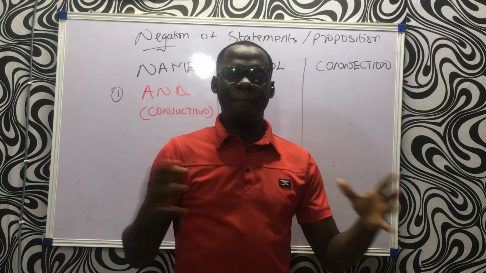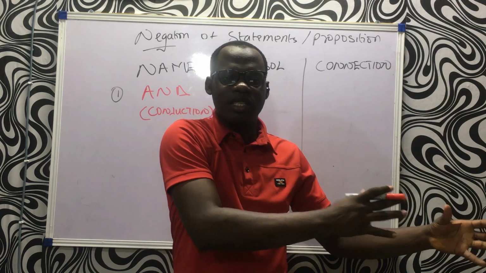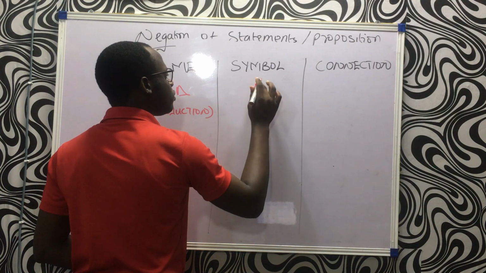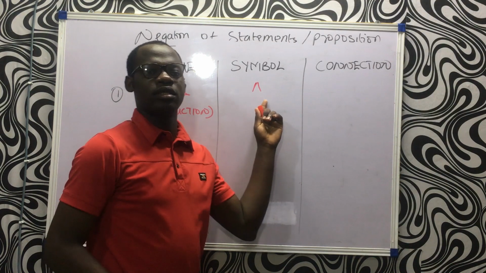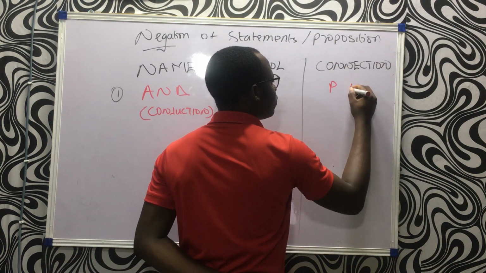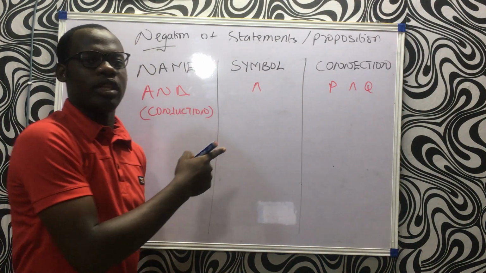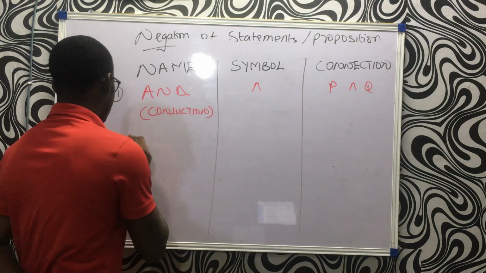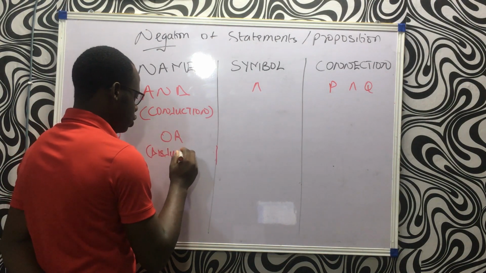Conjunction, which means combining one statement with another statement. And the symbol is this, like the head of an arrow. This is the symbol. And then the connection will look like statement P, then the symbol and Q. So that is the connection. Now we also have another one, which is the or, the disjunction.